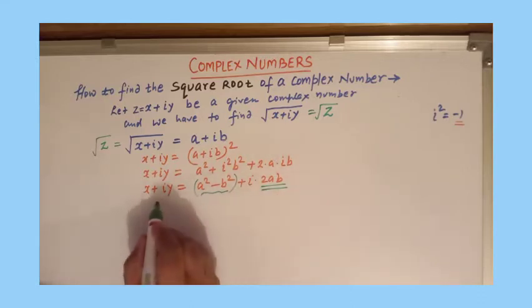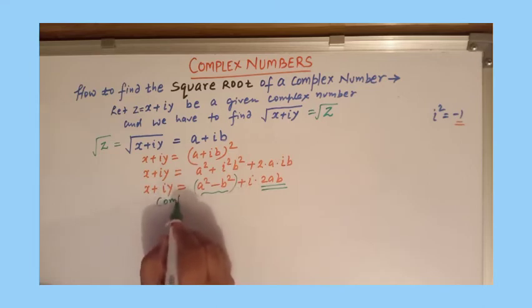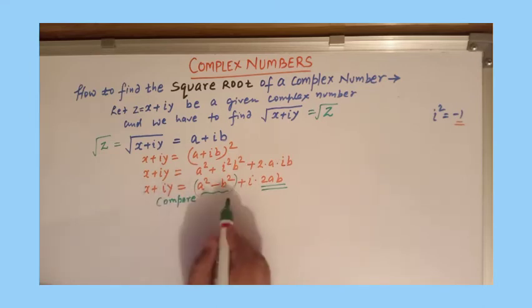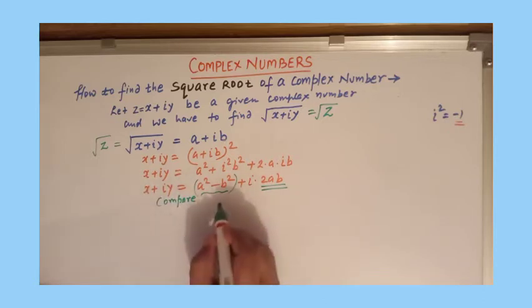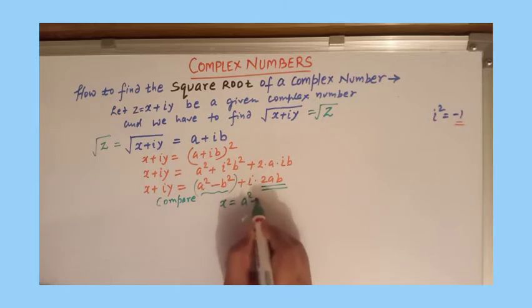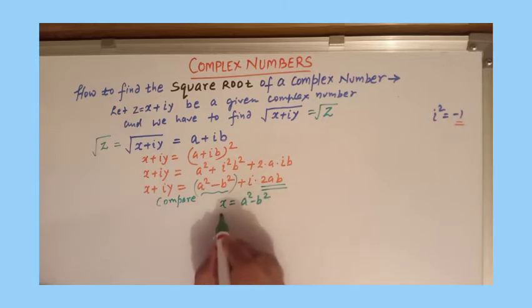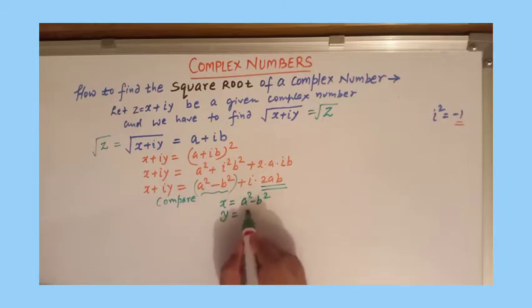So if we compare both the sides, and if we equate the real parts and the imaginary parts, we get x is equal to a square minus b square and y is equal to 2ab. Clear?